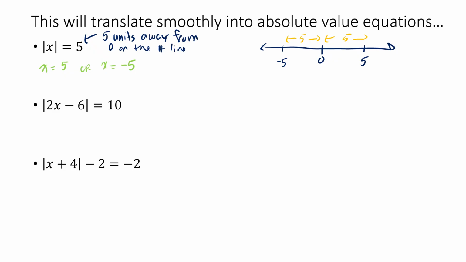So this is where I will see students do some really weird things that possibly come from poor definitions of absolute value. If you try to define absolute value as, oh, it makes all the negatives positive, then this is what students will sometimes do.